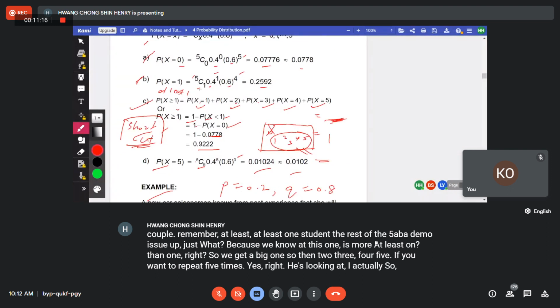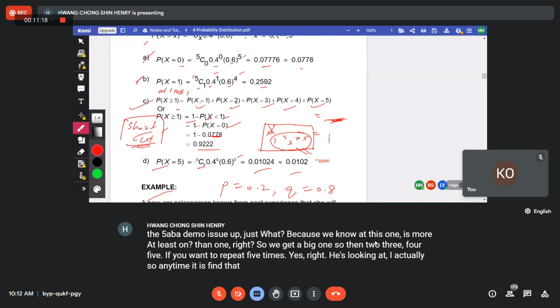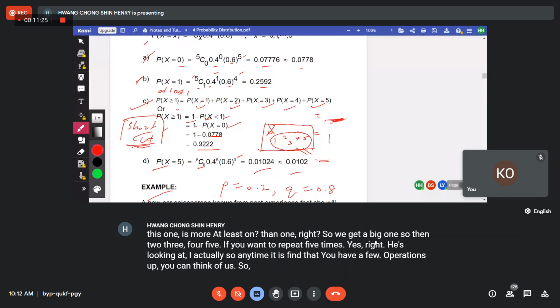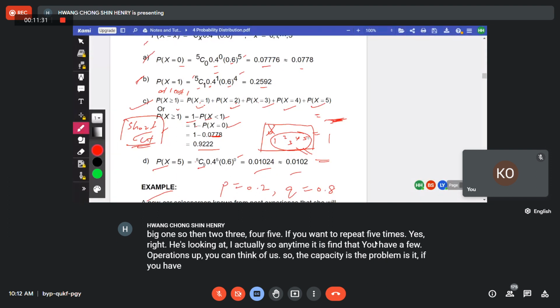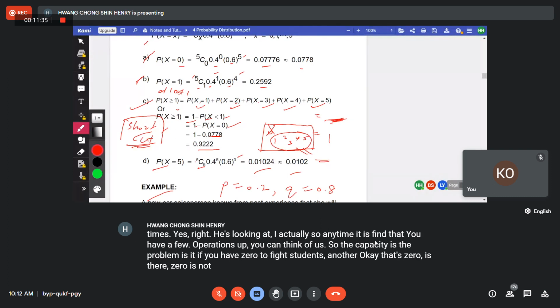So anytime you find that you have to do many calculations, you can think of a shortcut. One of the shortcuts is to take the complement rule. You see this in that, right? You have 0 to 5 students. Don't forget that 0 is there. 0 means no student graduates. So you want to take 1 to 5.